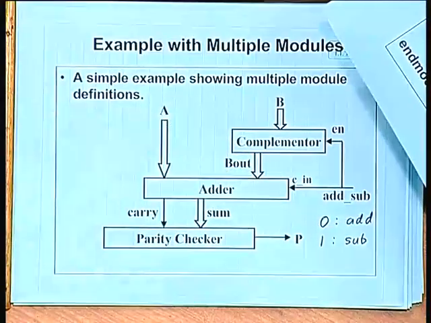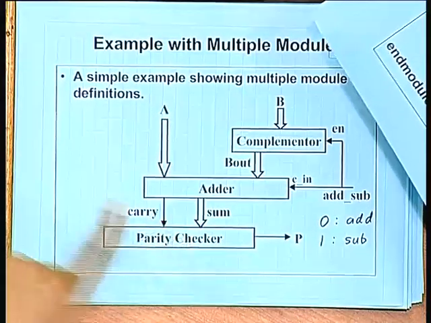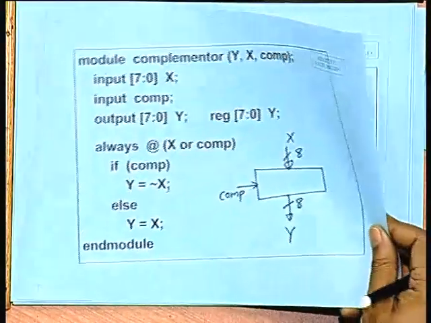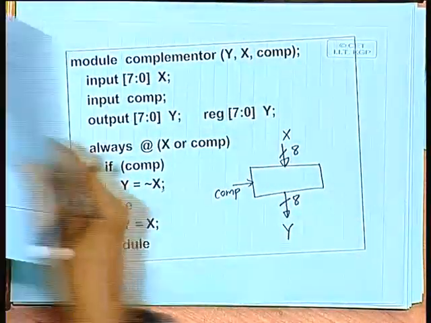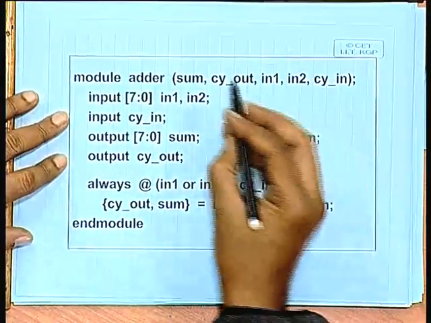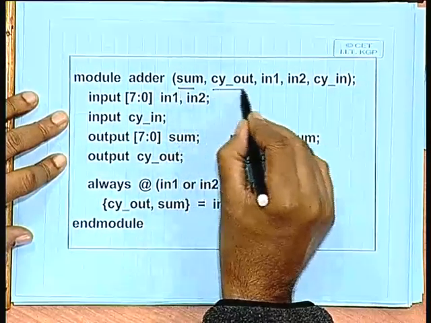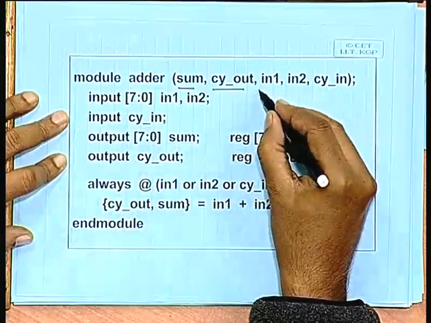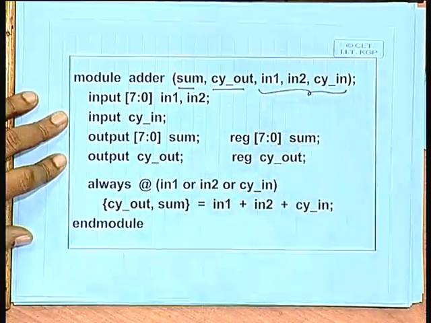So, after the complementer comes the adder. That is very simple, it takes two inputs and a carry in, and it generates a sum and a carry out. So, sum and carry out are the outputs and these three are the inputs.